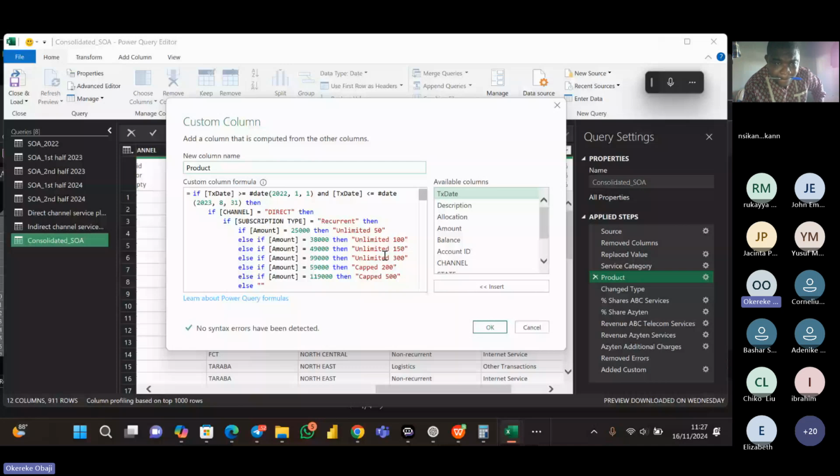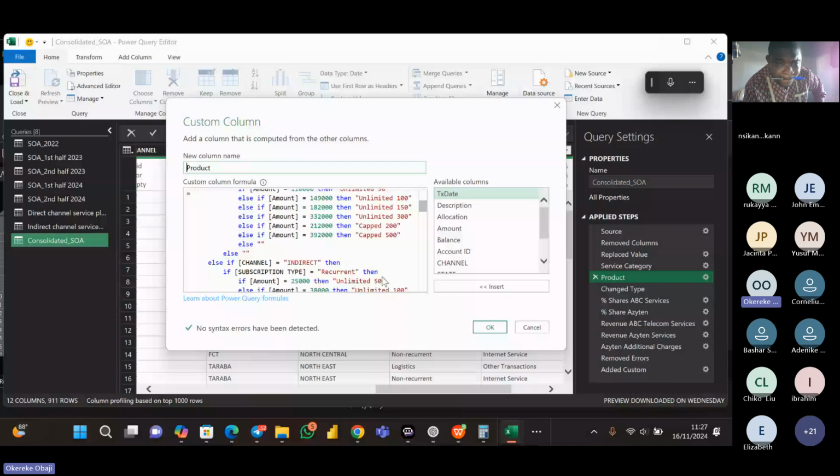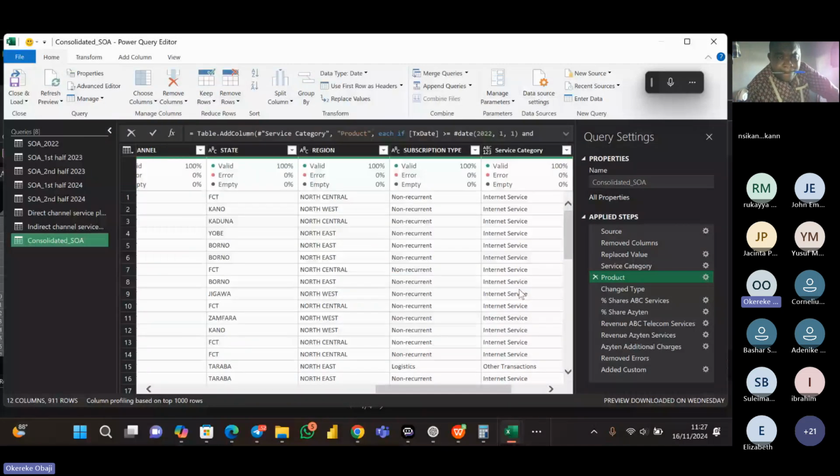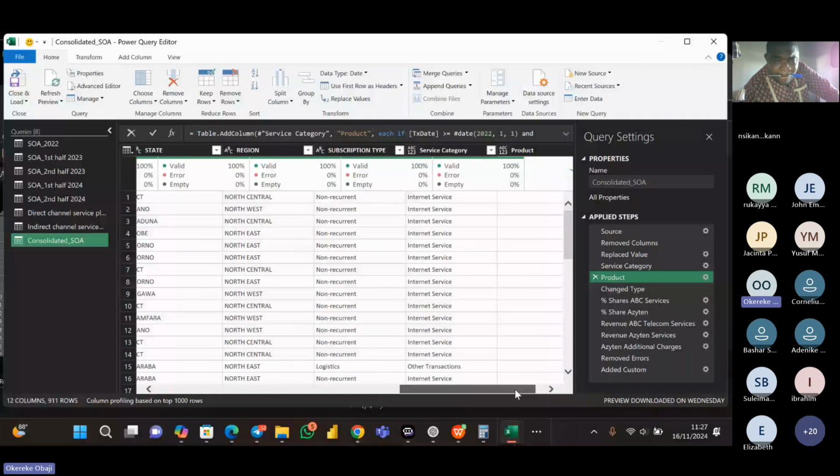Then it checks for non-recurrent. It checks this for every one of them, for direct, for indirect, then checks for the other. There are three date brackets in them, so it does this for all of them. So with this, we're able to get the products, and then the percentage share.